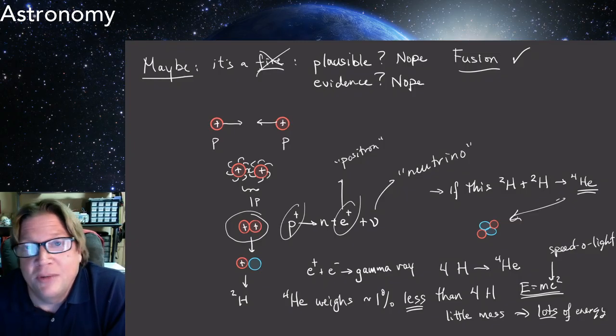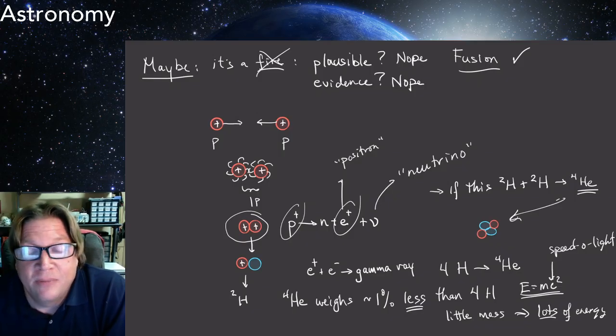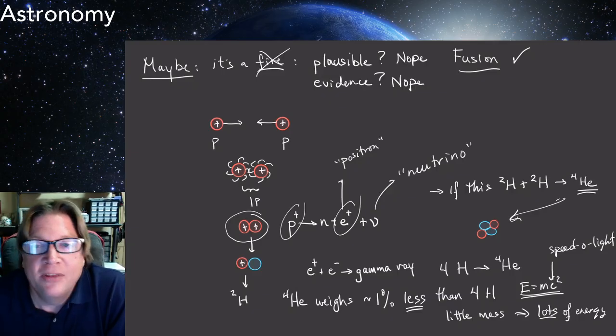And of course, the first thing we do is make bombs out of it. But it's a million to 10 million times more energetic than just ordinary explosives, which is why we're so scared of nuclear weapons. But this is how stars work. In a real sense, we made a teeny tiny star when we set off these bombs. Okay, so fusion can account for the long lifetime of the sun. It's very energetic.